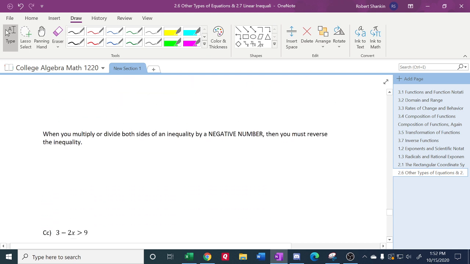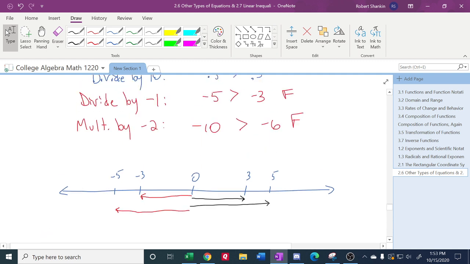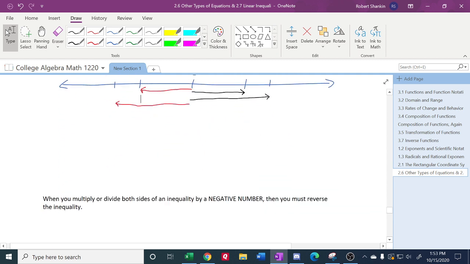Alright, so what we say is that when you multiply or divide both sides of an inequality by a negative number, then you must reverse the inequality. At the time that you multiply both sides by a negative number, you reverse the inequality. So it looks kind of like this: if I had 5 greater than 3, then let's say I'm going to multiply both sides by -2.